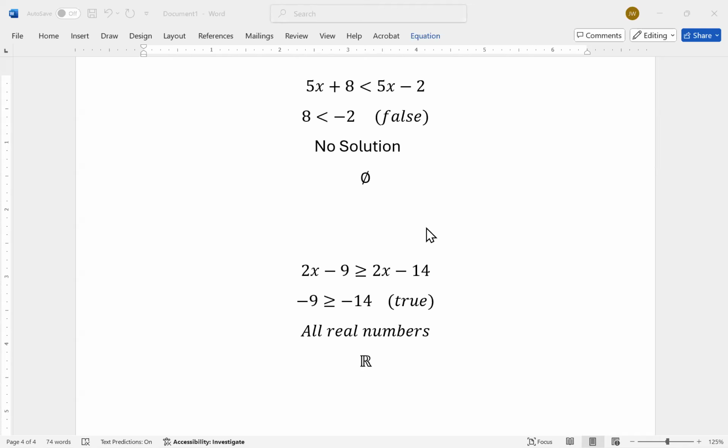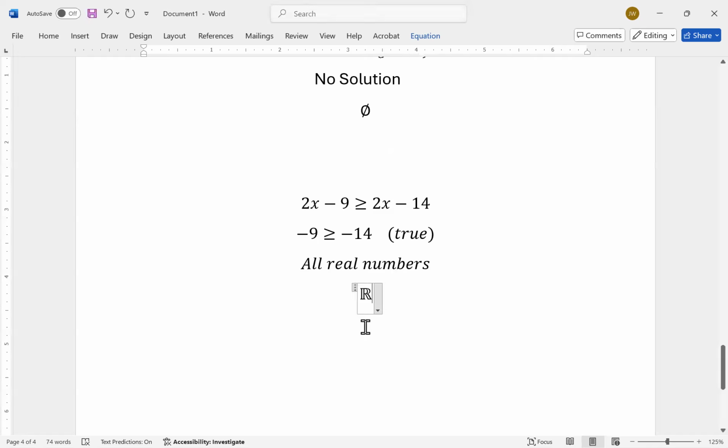Generally speaking, we don't graph those because the all real numbers is the entire number line. If somebody wanted to graph that on the number line, what people would probably do is just put an arrow to the right and an arrow to the left, indicating that it goes on forever to the left and forever to the right.